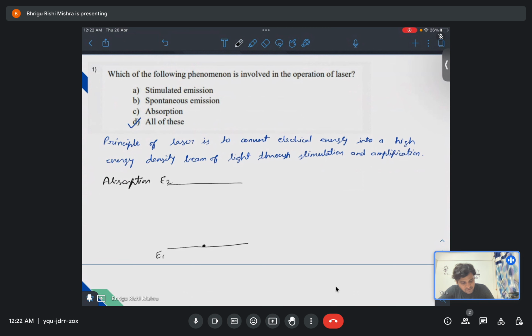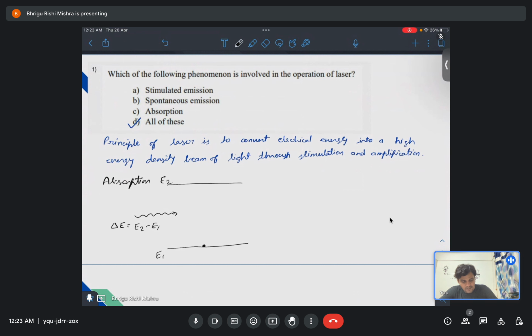Suppose a photon with incident energy delta E, equal to the difference in energy of the upper and lower levels, E2 minus E1.